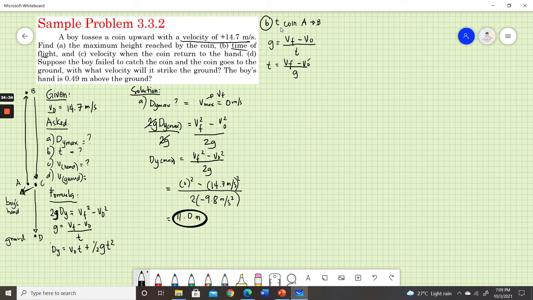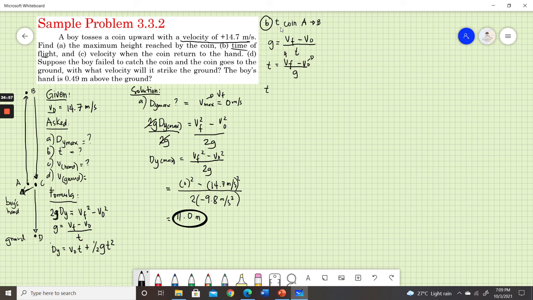And we know our vi and we know our vf because B is the maximum height. So for now we're only measuring the time it takes for the coin to move from the starting point to the maximum height. And we know that the final velocity at the maximum height is 0.